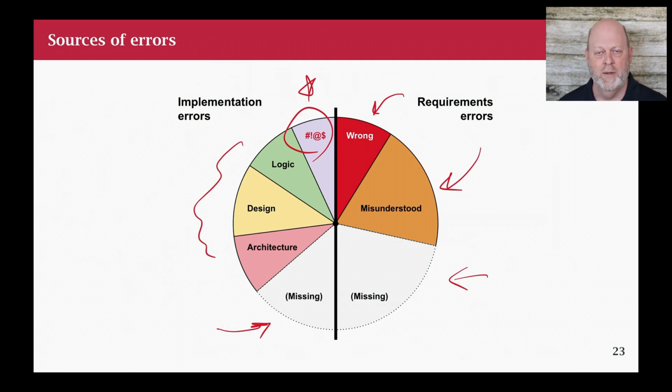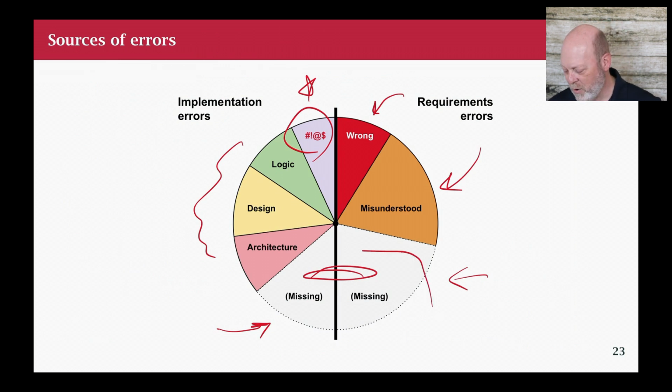We don't have a requirement to write the code, or we misunderstood the requirements. So there's not necessarily a direct tie across here, although there could be. Although this is not to scale, I have made this section on missing requirements bigger because I think that's the biggest single problem. We're writing software without a good, clear understanding of what we think it should do.